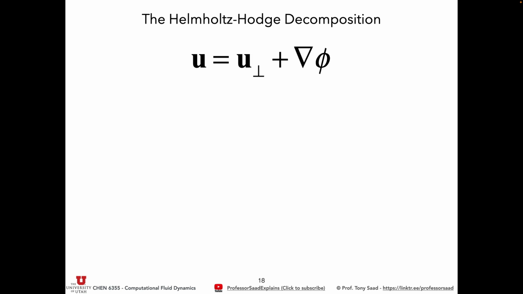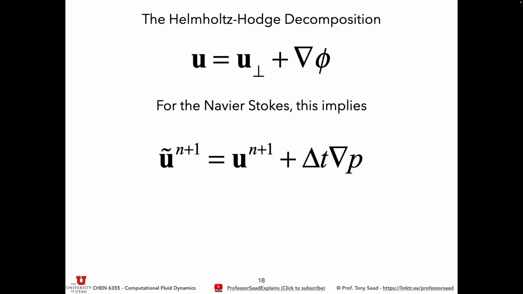Okay, bear with me, we're almost there. For the Navier-Stokes equations, this would imply that your non-mass conserving velocity field, that u tilde that I showed you earlier, that provisional velocity field that only comes from advection diffusion, if you want to make that, so forget the second equation in that slide.